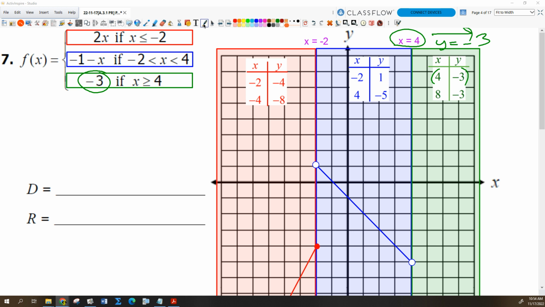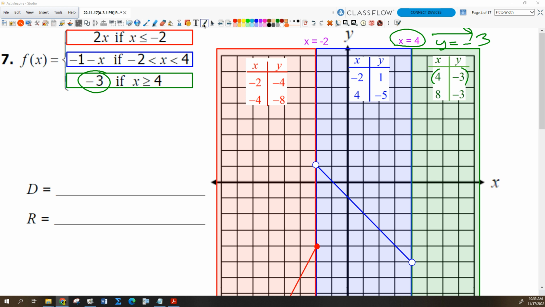Is x equals 4 included in the green domain, the green region, or not? What do you think? How come? I'm not sure, I didn't feel like it is. Okay, so it was included.